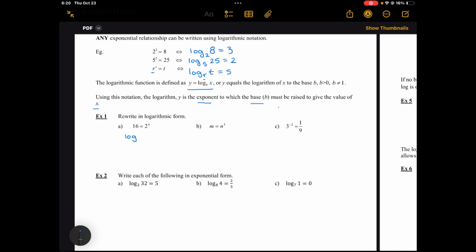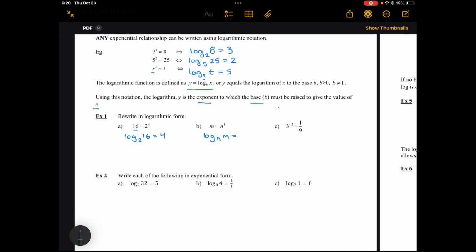So I'm going to change my base of the exponent to be the base of the logarithm. My argument of the log is the answer to my question, and that's equal to the exponent that the base has to be raised to give 16. So same thing here. I'm going to make the base of my exponent the base of my logarithm.